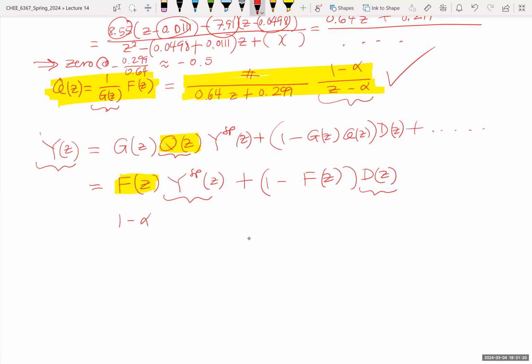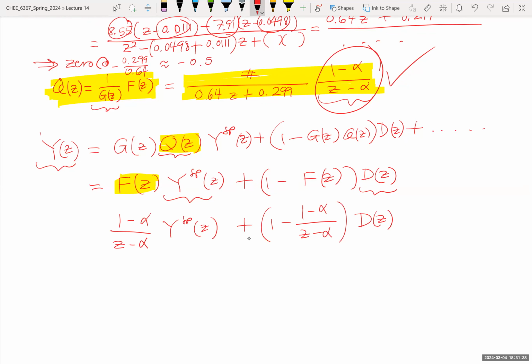Yeah, 1 minus alpha, Z minus alpha. It's up here, right? This is the filter F. Y set point plus 1 minus alpha, Z minus alpha, D of Z. Okay.